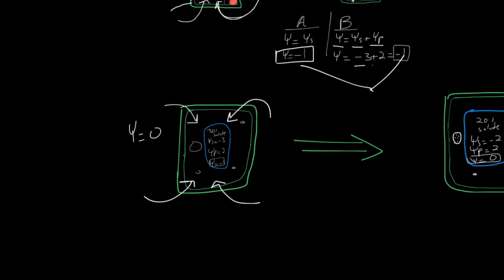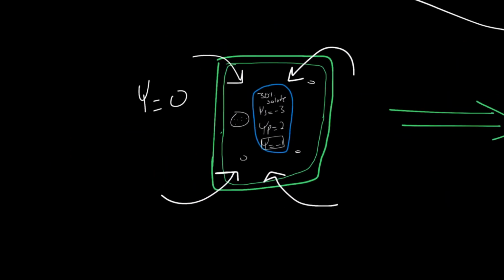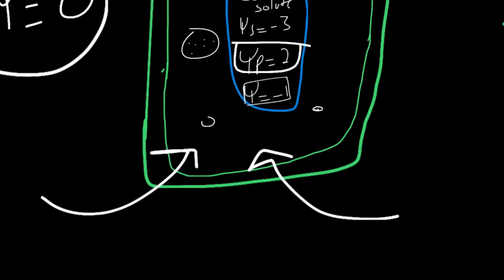So moving on, as we see right here, for example, outside the water potential is 0, which means it's distilled water, and inside it's 30% solute, which means -3 solute potential, and the pressure potential given here is +2. As a result, the water potential is -1, because -3 plus 2 equals -1, right?